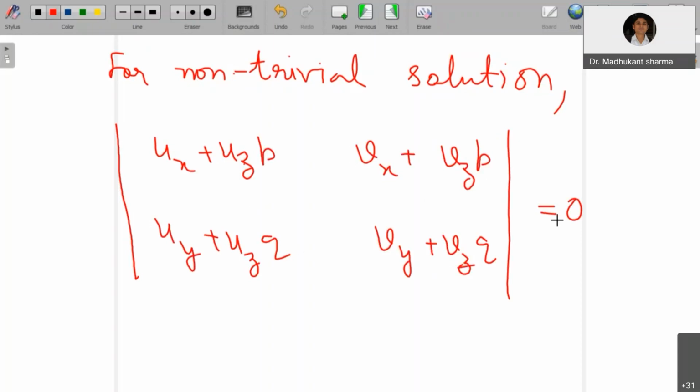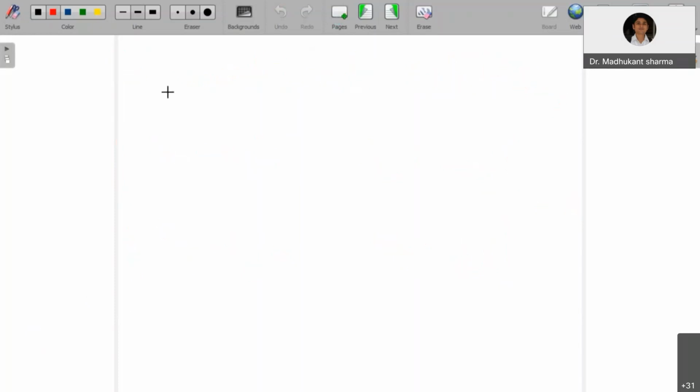Now you know how to solve this determinant. So let me go to the next page.